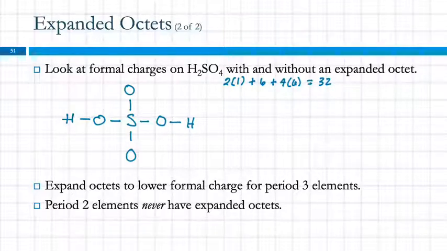And to count the bonds first, 2, 4, 6, 8, 10, 12, 14, 16, 18, 20, 22, 24, 26, 28, 30, 32. Nice. So what's this talking about in an expanded octet? Well, let's look at the formal charges.